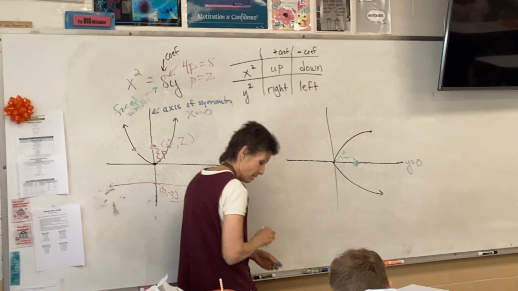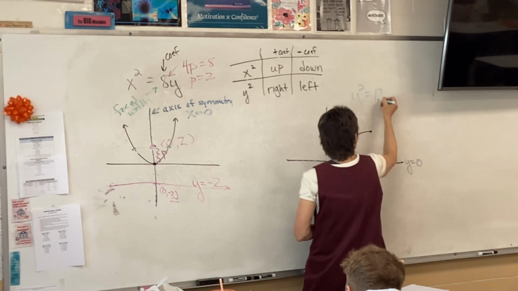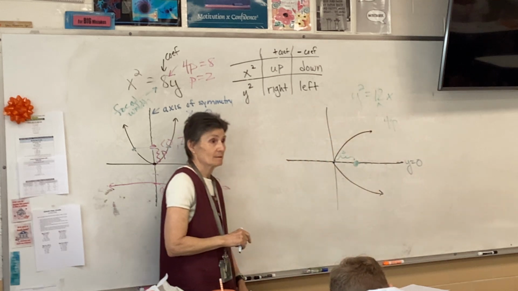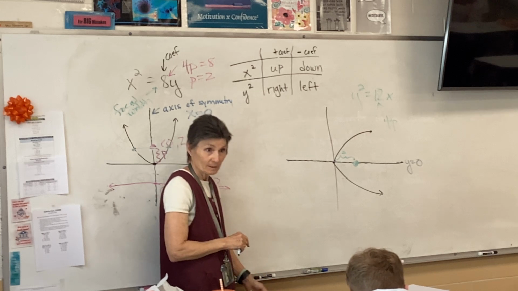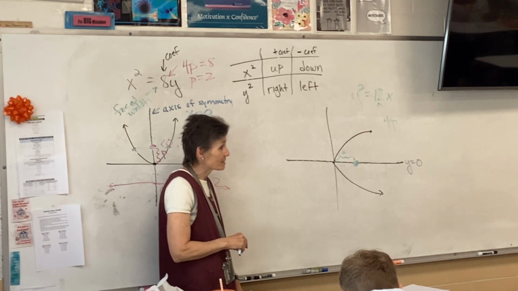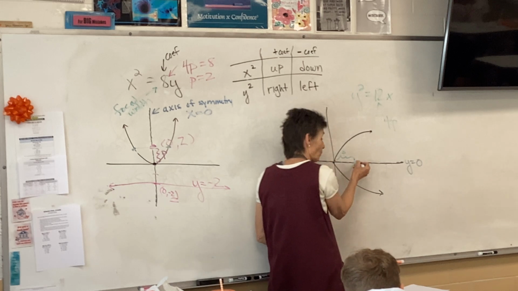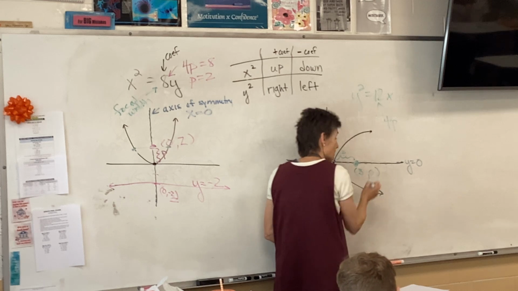Because, oh, I didn't write down my equation. Y squared equals 12x. Remember, that number right there is 4p. Always. So if 4p is 12, then p is 3. So start right here and go forward 3. So that point would be 3, 0.